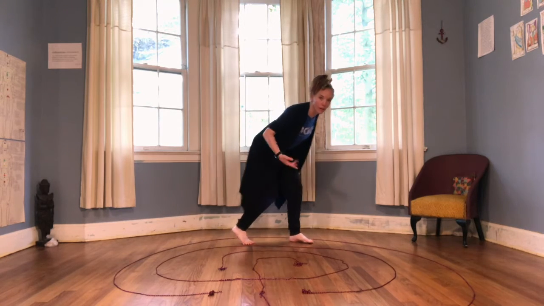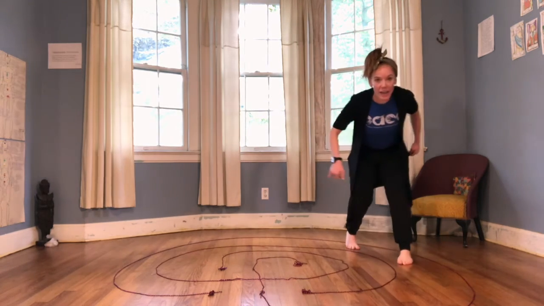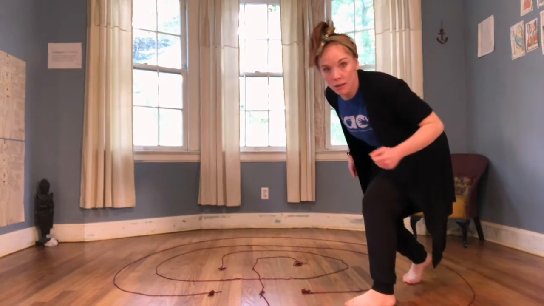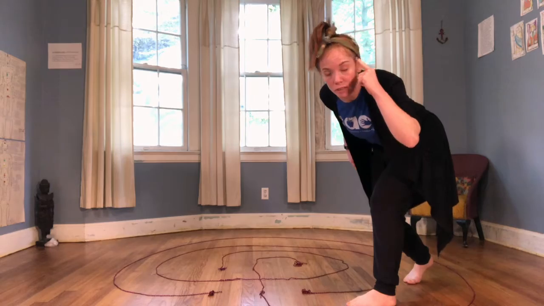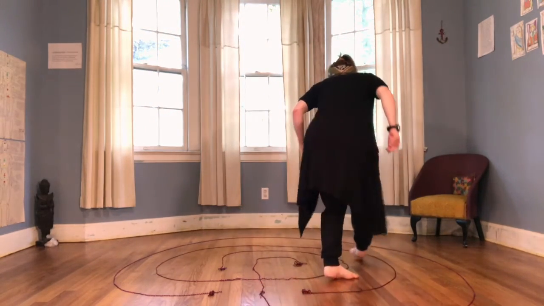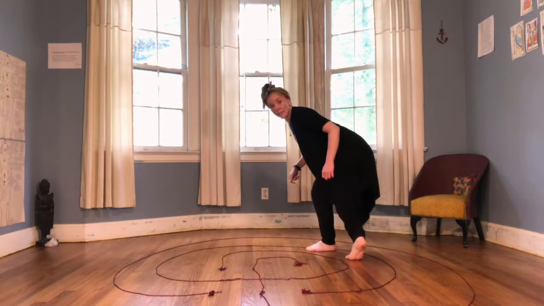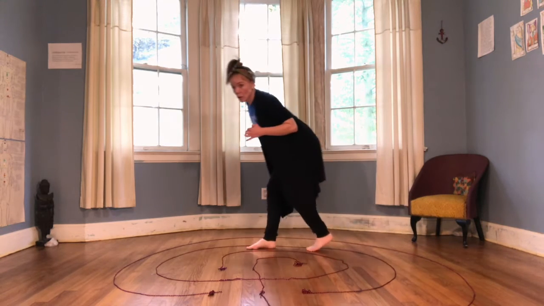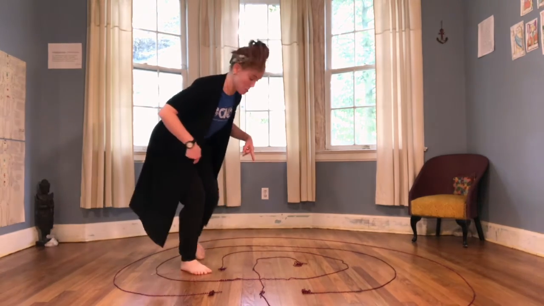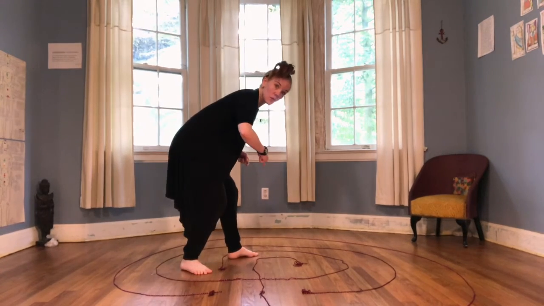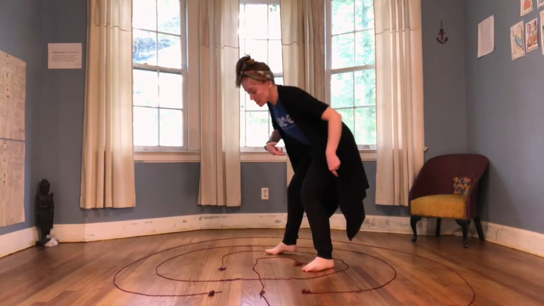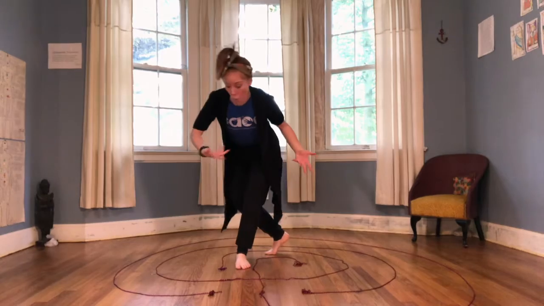So if we were walking like this and doing a performance, we've got our intention, and the audience would probably be able to understand that we're trying to be very careful right now so that we don't get eaten. And you can tell how I'm doing walks.